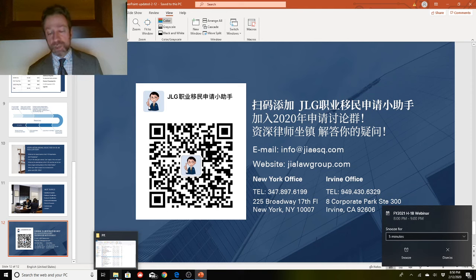Often an employer will have their own lawyer who's preparing the H-1B case, but that lawyer represents the employer, and doesn't necessarily represent the interests of the employee. So we often will review the H-1B case, give suggestions, discuss the various options and strengths and weaknesses of the case with the employee.